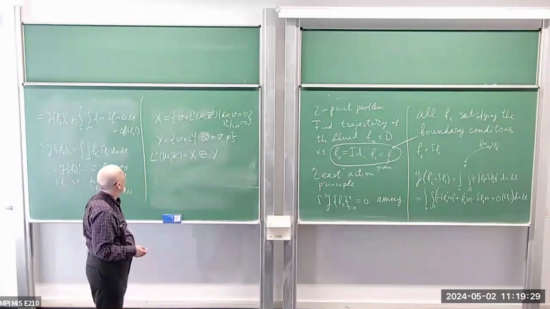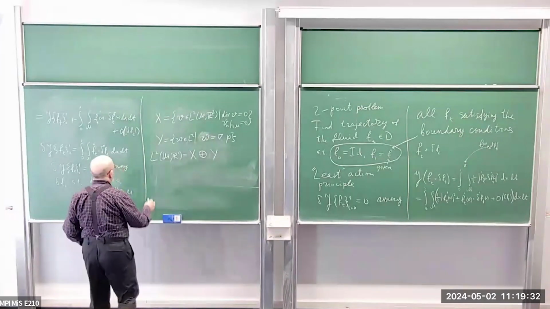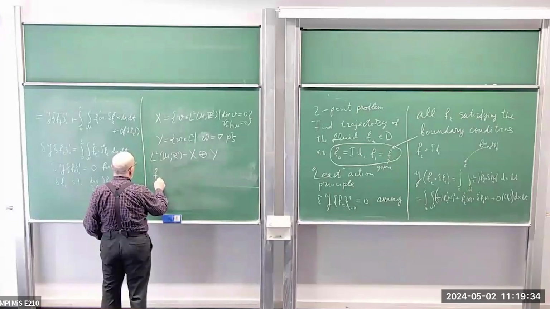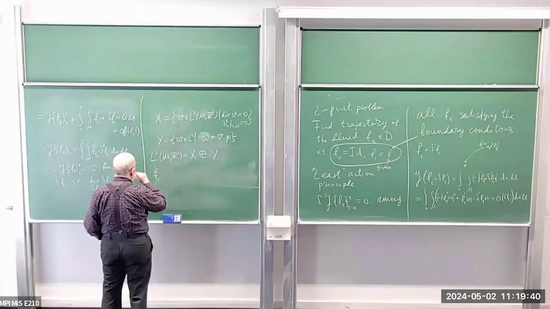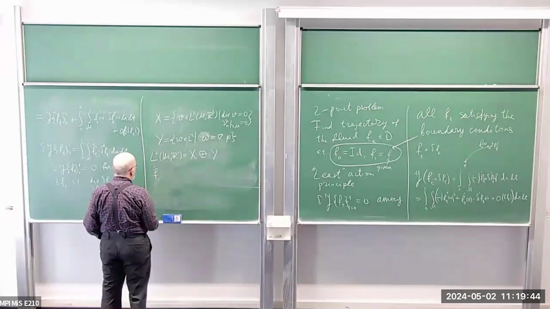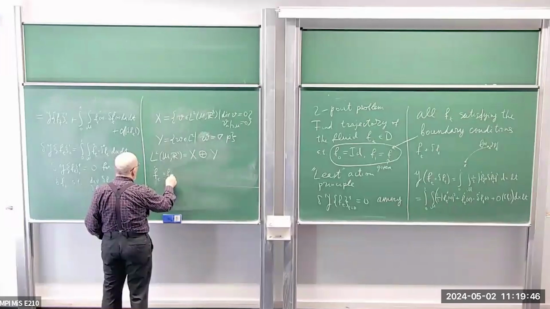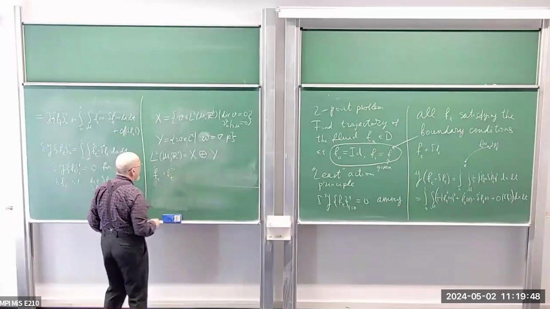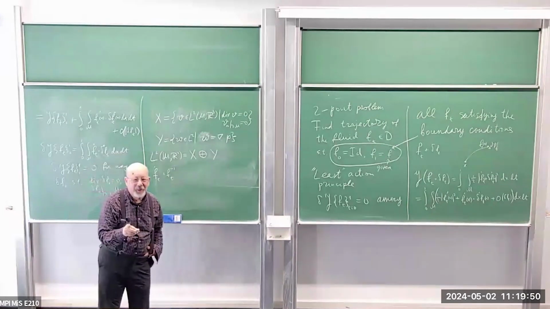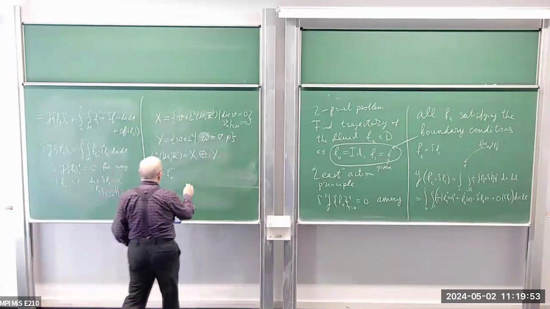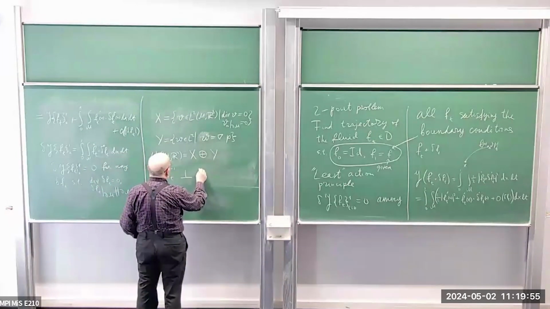Yeah, and so this means that ft dot dot, like a vector field, is orthogonal to X.